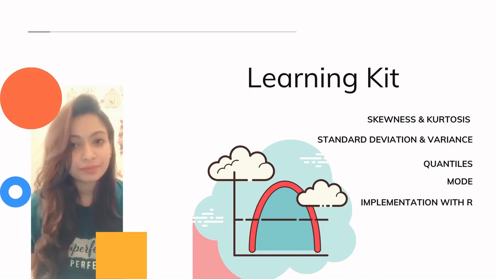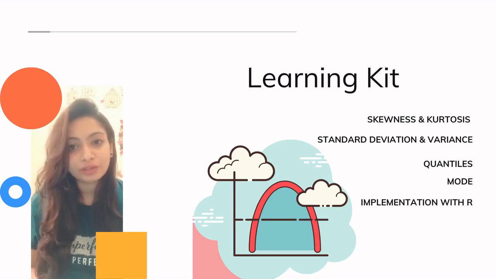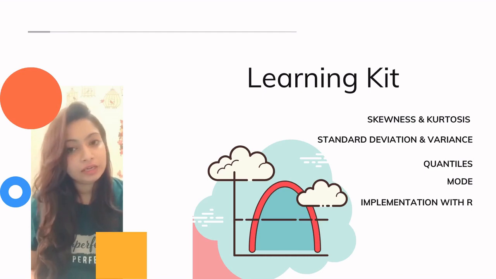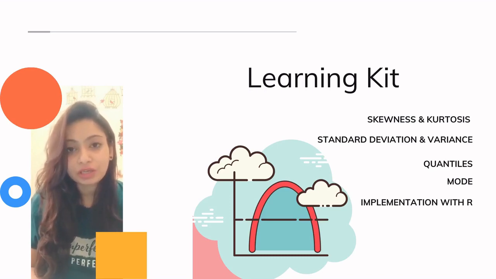And in today's episode, in continuation to the previous episode, we'll be looking into a few more statistical indicators for numerical variables. In this episode, we would be taking up the concepts of skewness and kurtosis, quartiles and mode. Talking about the quartiles and mode, we had a brief introduction to the same concepts in the previous sessions as well.